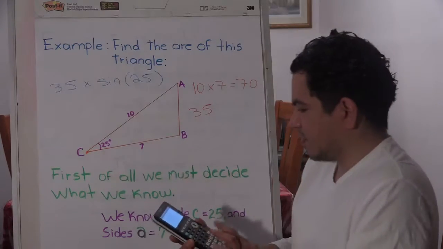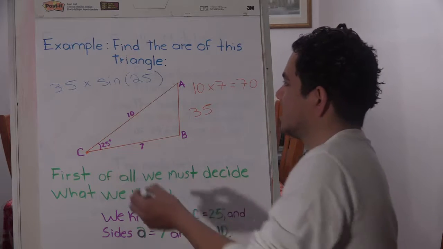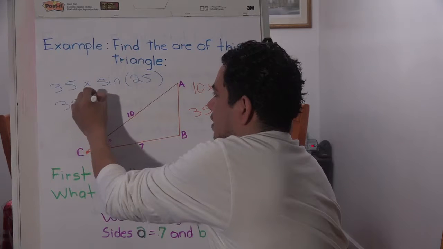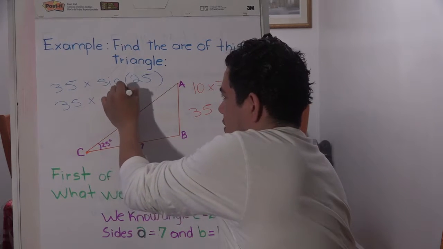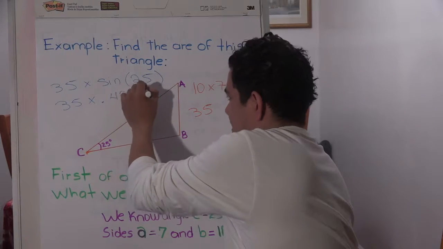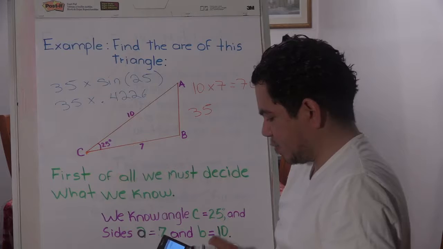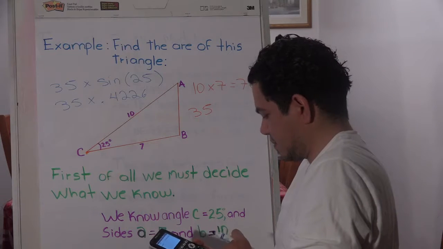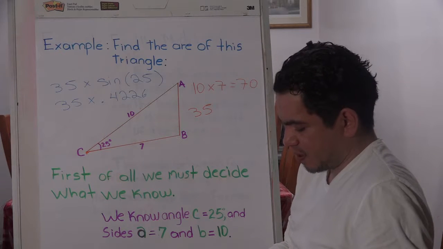The sine of 25 is 0.4226. So in other words, I'm multiplying 35 times 0.4226. So when I multiply that, let's see what I get.